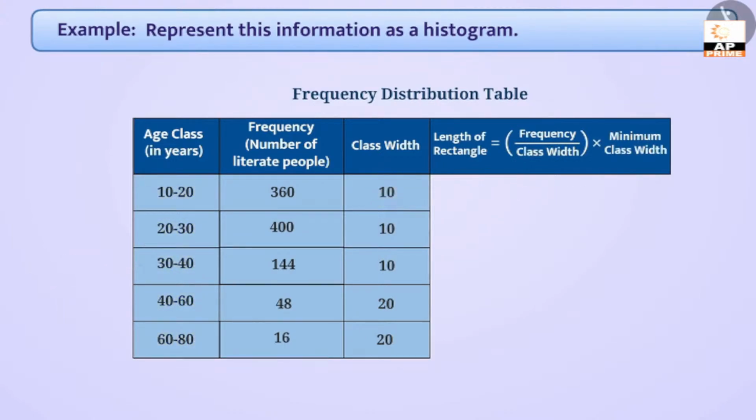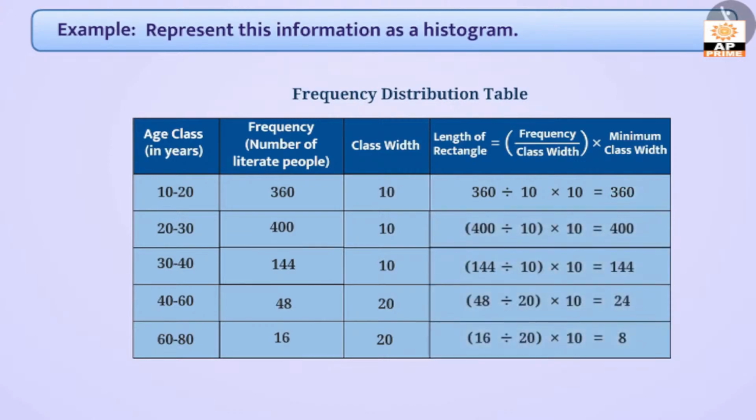Thus, the length of the rectangle for the age group 10 to 20 will be 360 divided by 10 multiplied by 10 is equal to 360. Since the class width of the class interval 10 to 20 is already 10, there was no change in the length of its rectangle. Similarly, we will find the length of rectangles for all age groups.